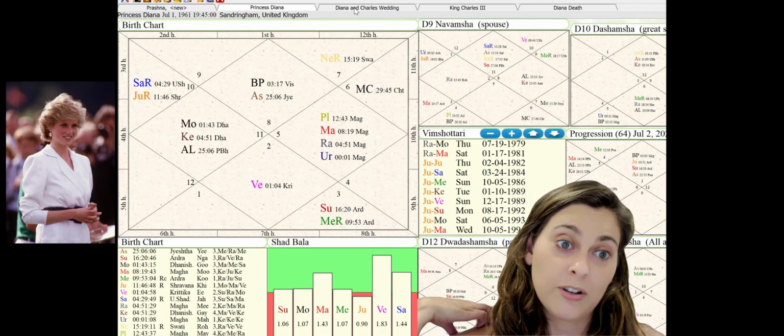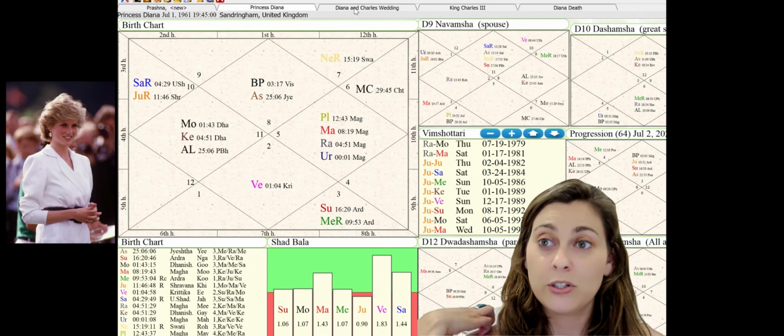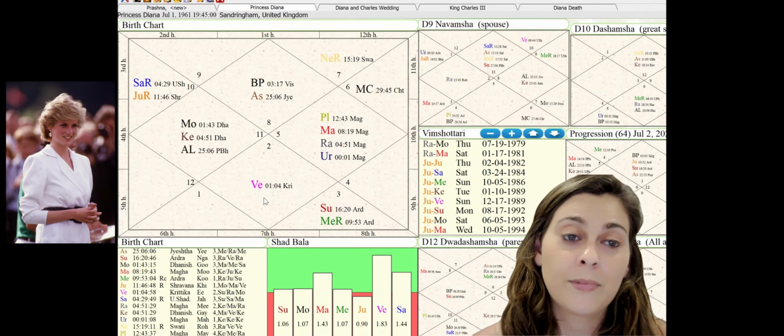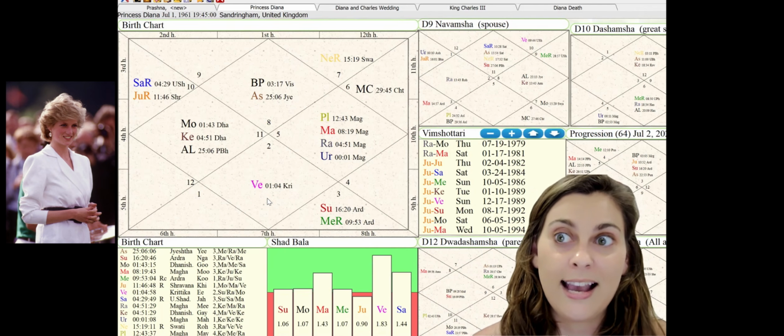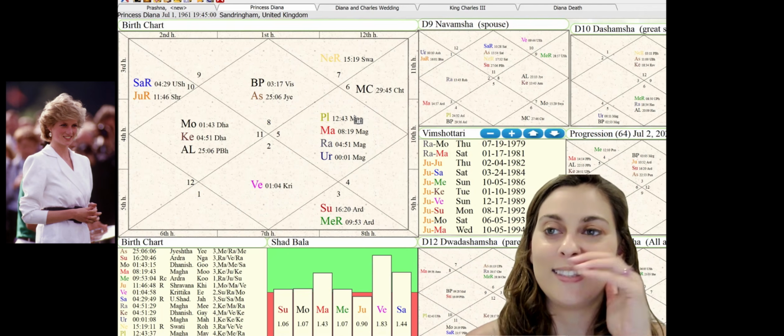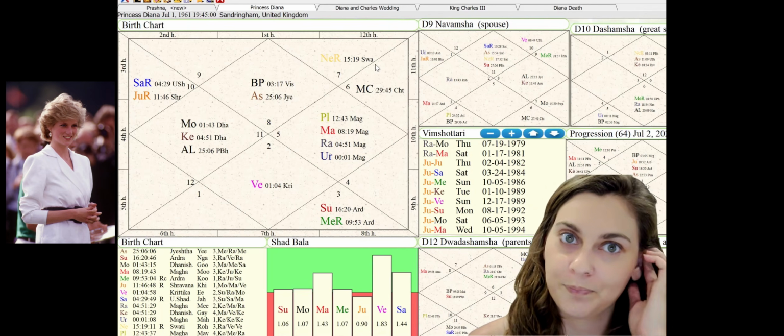So remember, Venus is her spouse planet, and it's in the house of spouse. Remember, she has this whole purpose and dharma in Magha Leo with the lineage, with the throne.